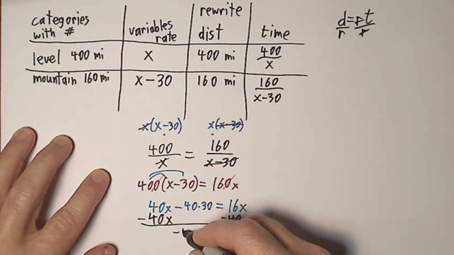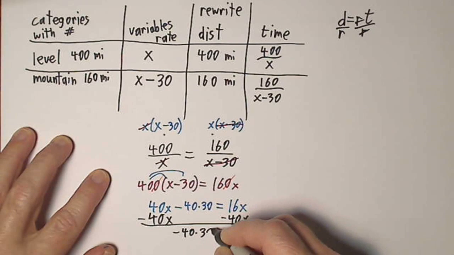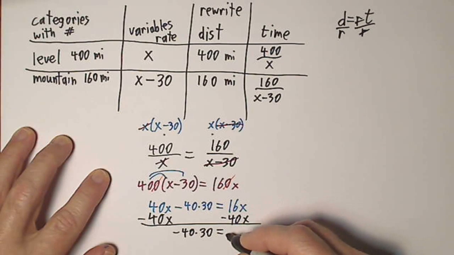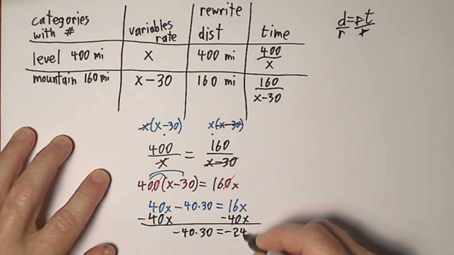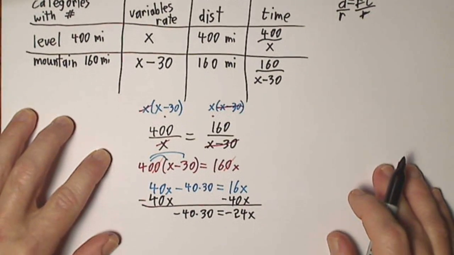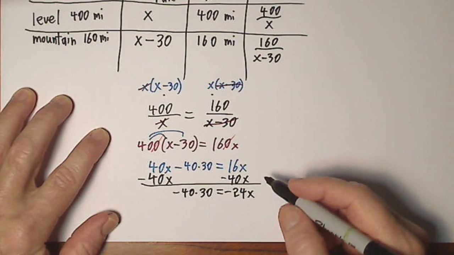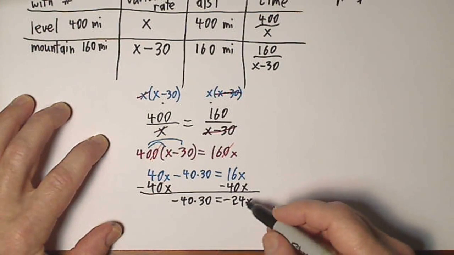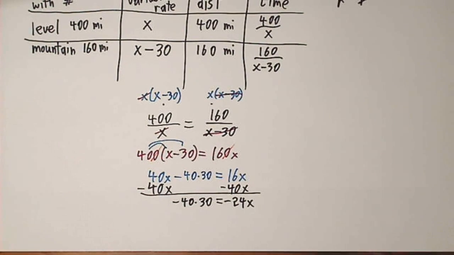So we have our negative 40 times 30 equals negative 24x. And we'll have to divide by that negative 24.